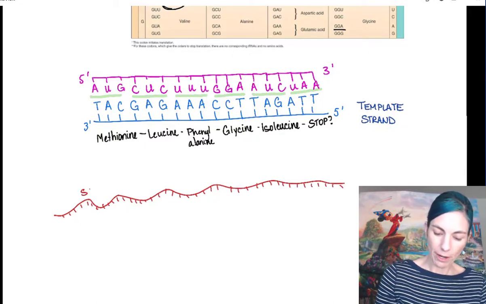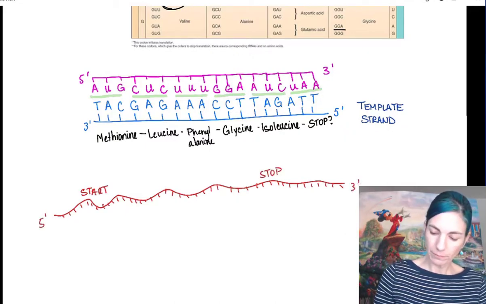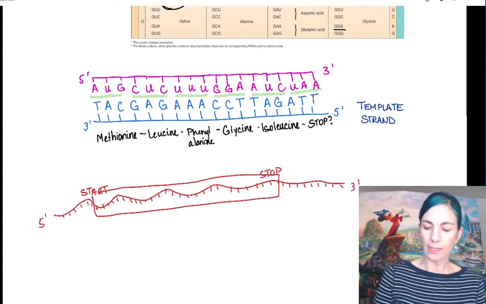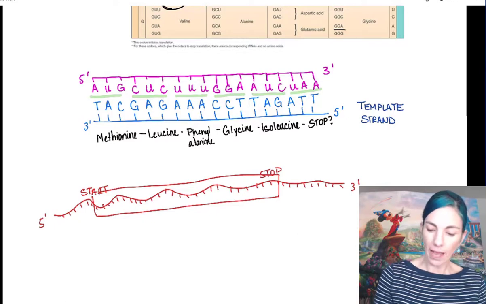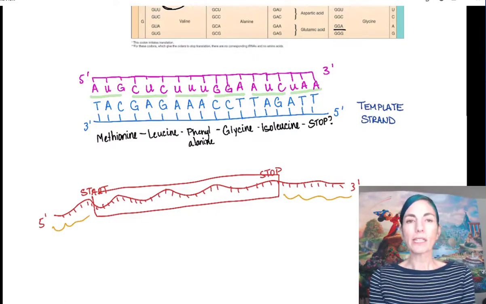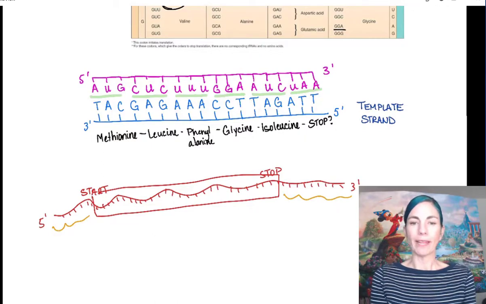The start codon might be here, and the stop codon might be here, which means that this is the only region that actually gets translated. Everything else is all extra.